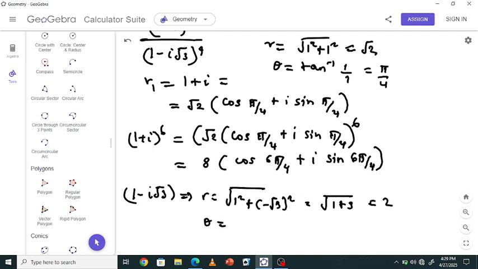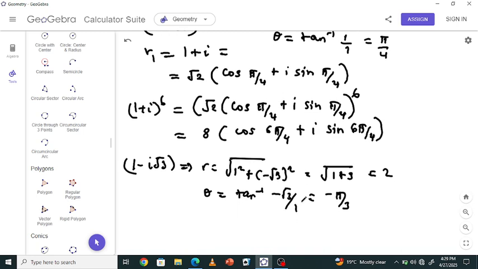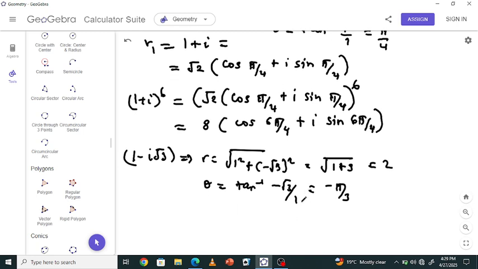And then our theta is tan inverse negative root 3 over 1, which gives us negative pi over 3. And now when we write it in the form of z, we have z is equal to 2 into cos minus pi over 3 plus i sin minus pi over 3.